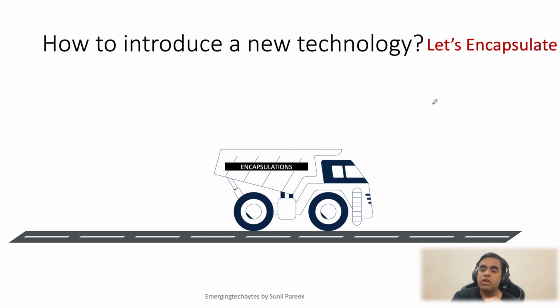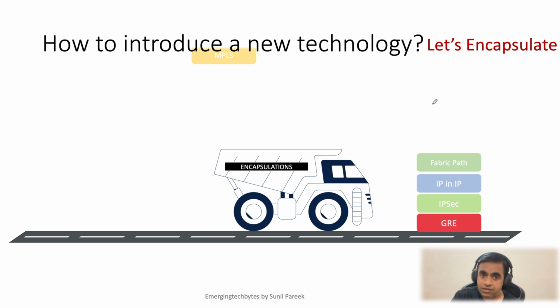our world of networking is basically full of encapsulation. I'm there in this field for close to 16 years now, and I have seen there is GRE, I have seen that there is this IPsec, I have also seen IP in IP, FabricPath, VXLAN, our favorite MPLS.